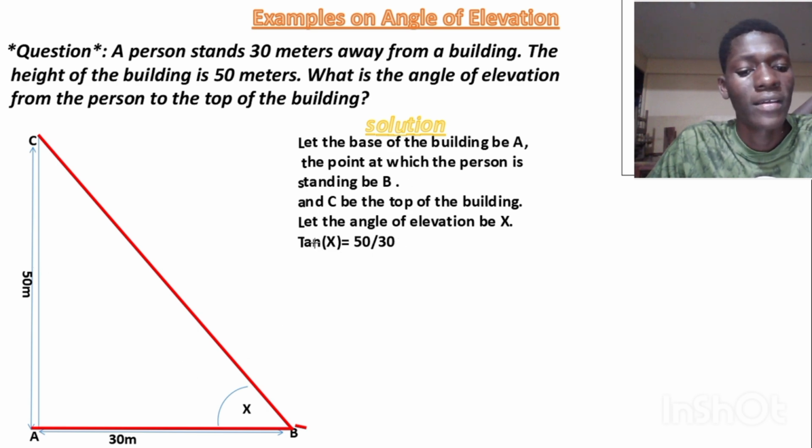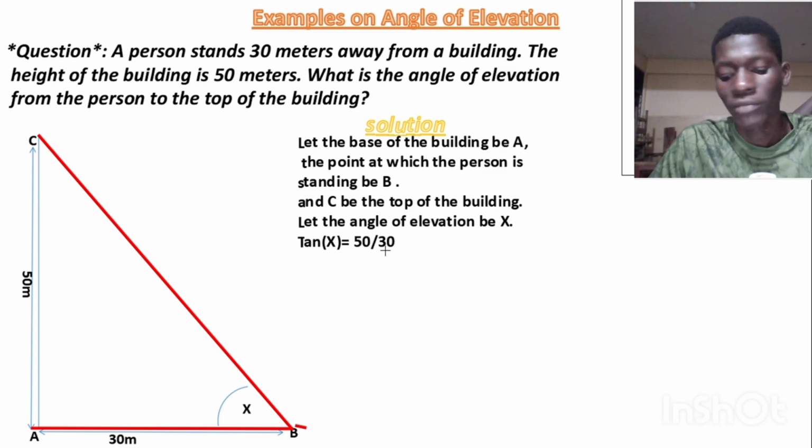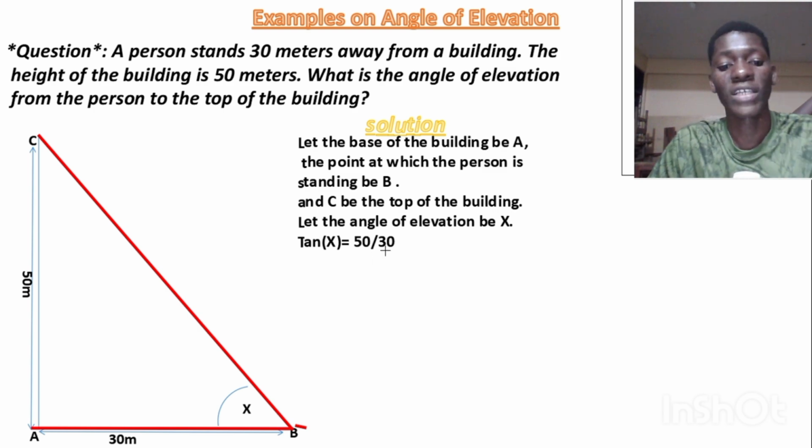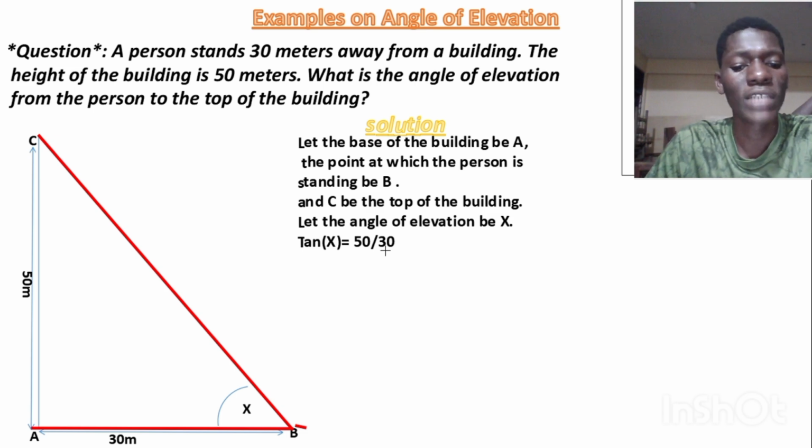It's telling us that for this angle, its opposite and its adjacent are in the ratio 50 over 30. So what we do is use tan inverse. So x equals tan inverse of 50 over 30.